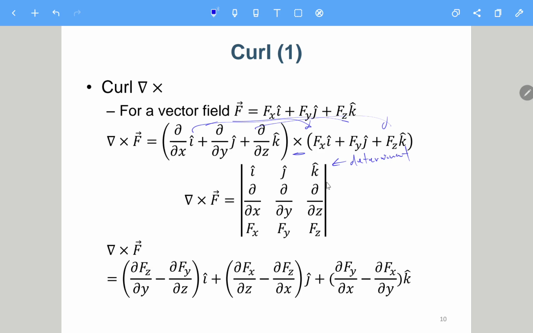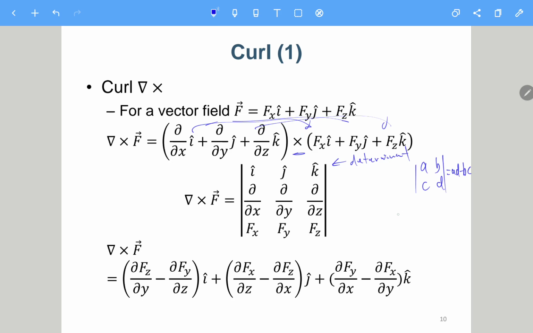If it is 2 times 2, it is even easier: for A, B, C, D, the determinant is nothing but AD minus BC. But for 3 dimensions, it should have 6 terms. If it is 4 times 4, it altogether has 24 terms.